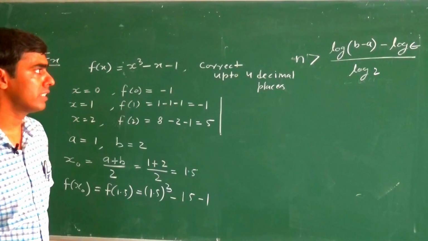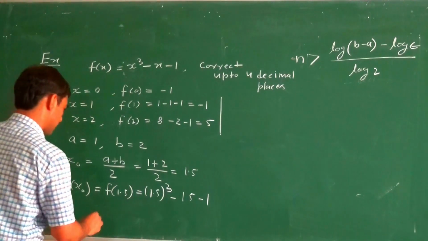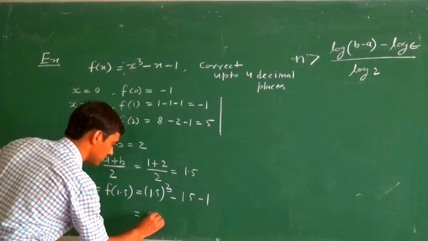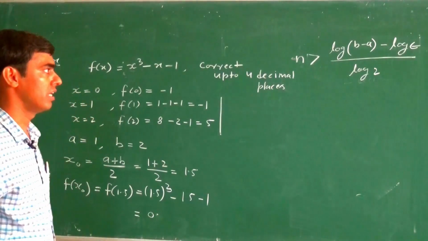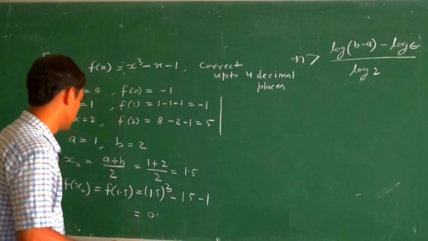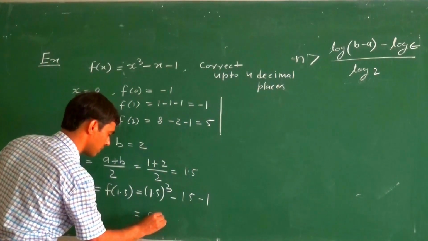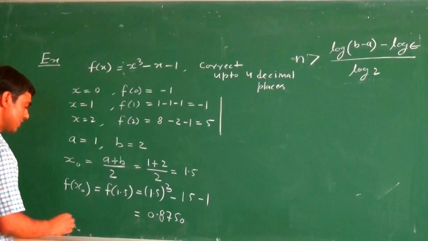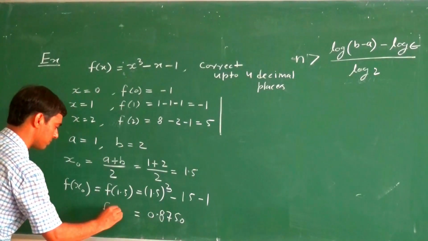If we simplify this, the value is 0.8750. This is the value of f of x0.